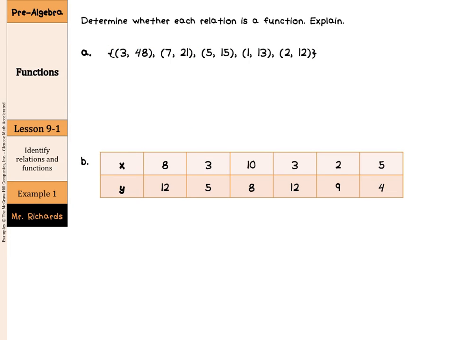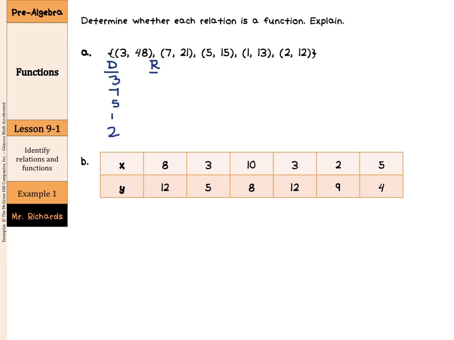So when we go to determine whether each relation is a function and explain, well, we can look, does each element in the domain have exactly one element in the range? Well, if we look at our domain values here, our domains are going to be our x's. So we have 3, 7, 5, 1, and 2.